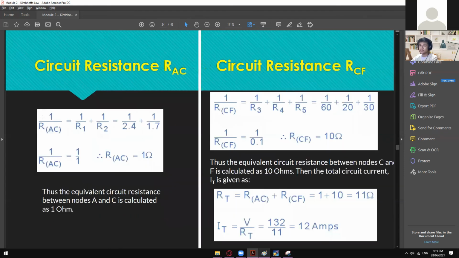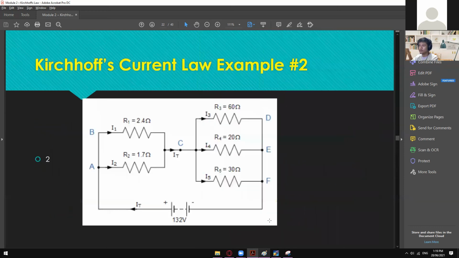Okay, so this is the computation for the RAC, and then this is the computation for the RCF. So after that, we can now get the total resistance. So 1 plus 10. Okay, so that's your total resistance. So that is why we have RT is equal to 11 right here. And then for the VT, we have 132 volts, which is the original voltage source right here.